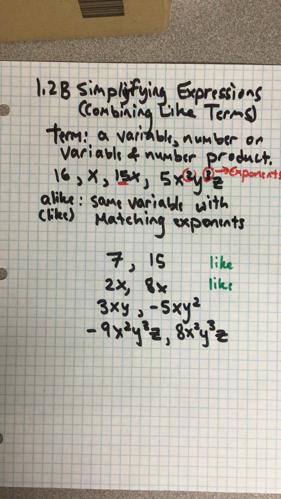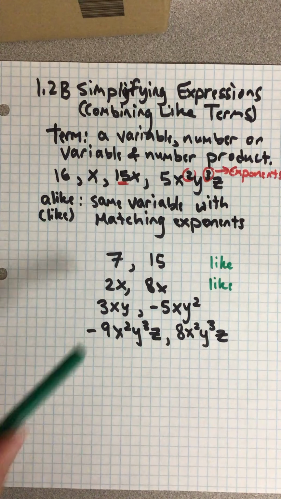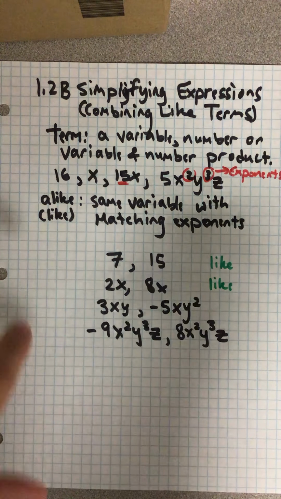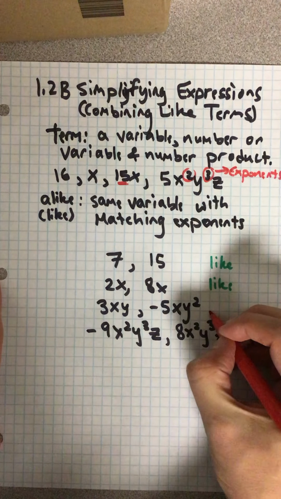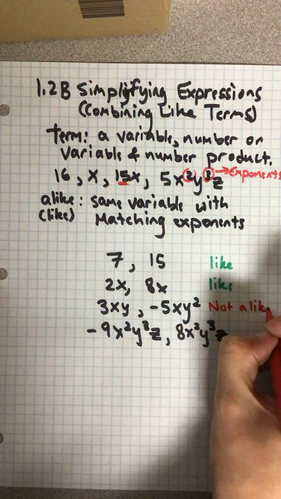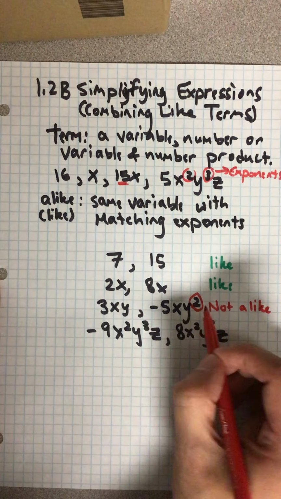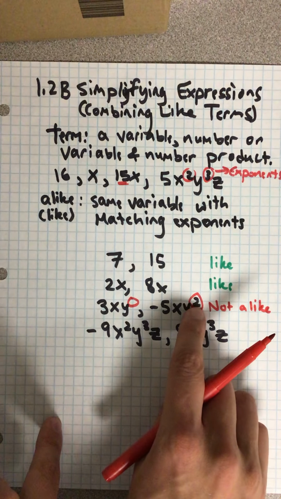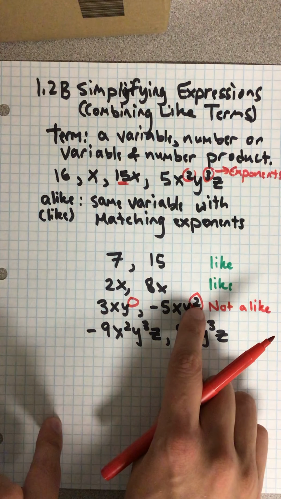Now, looking at our third one, you might say, okay, well, the numbers don't need to match exactly. So the 3 and the negative 5, that's fine. They both have an x and they both have a y, so we should be good, right? Well, no, because this one fails on the second criteria, and these are not alike, and that is because of this right here. This y has an exponent of 2 on it.